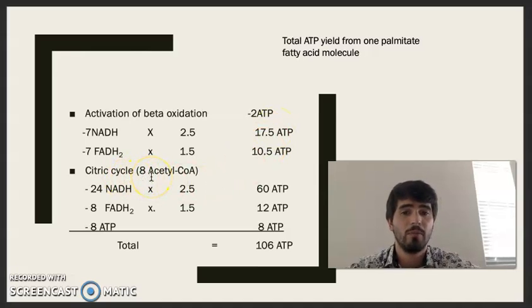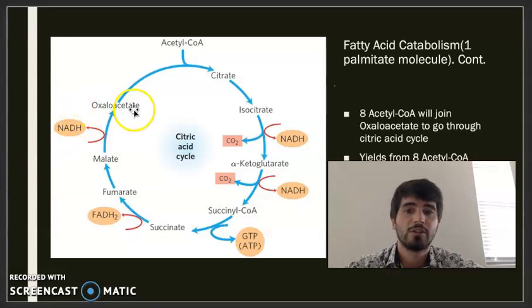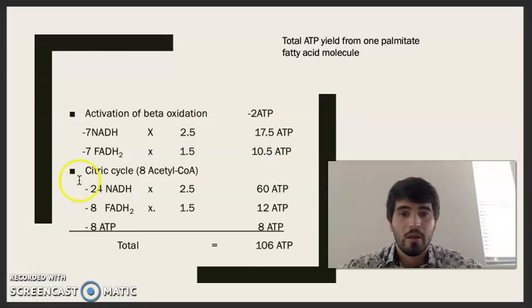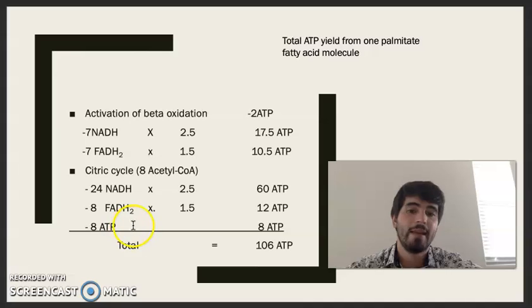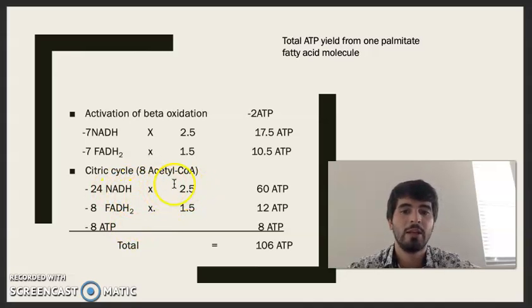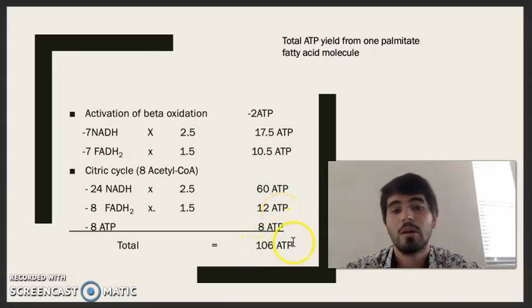In the citric acid cycle, once the acetyl-CoA joins with the oxaloacetate, we get 24 NADHs, 8 FADH2s, and 8 ATP. We times those NADHs by 2.5, the 8 FADH2s by 1.5, and the 8 ATP by 1, and we get our total numbers. So our total yield from one palmitate fatty acid molecule will be 106 ATP.